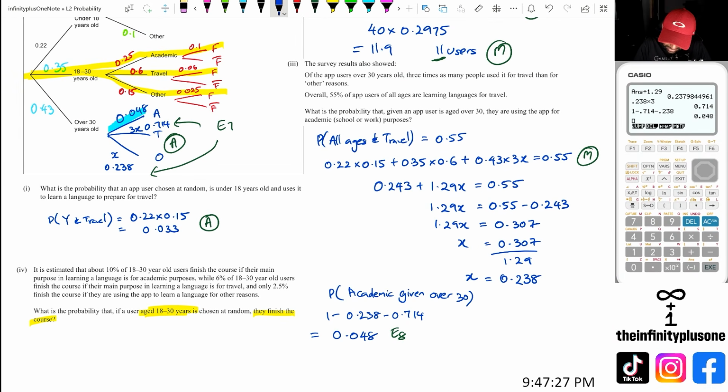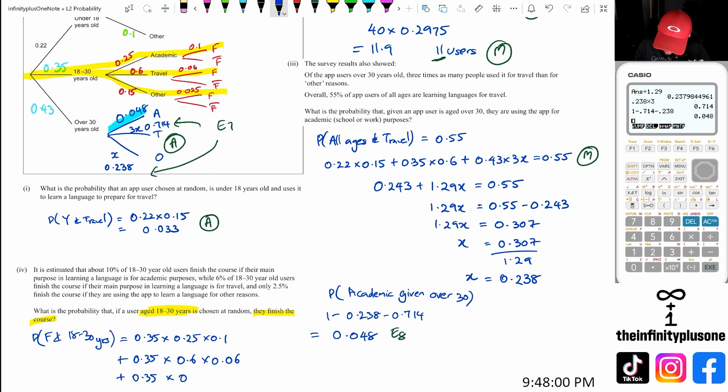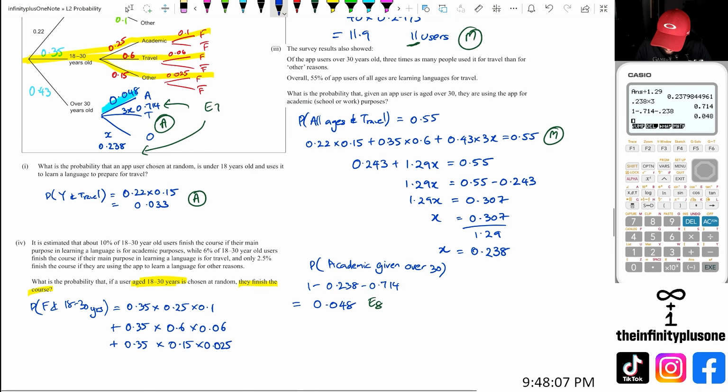So what we should get is probability finish and 18 to 30-year-olds. So that's going to be 0.35 multiplied by 0.25 multiplied by 0.1 plus 0.35 times 0.6 times 0.06 plus 0.35 times 0.15 times 0.025. Right, putting this all in the calculator.